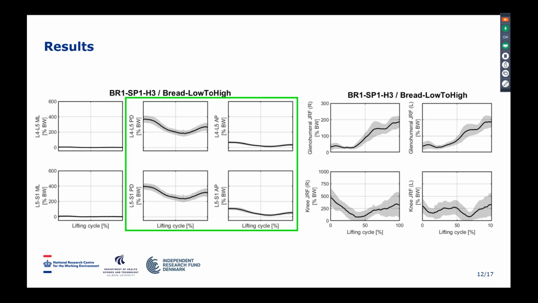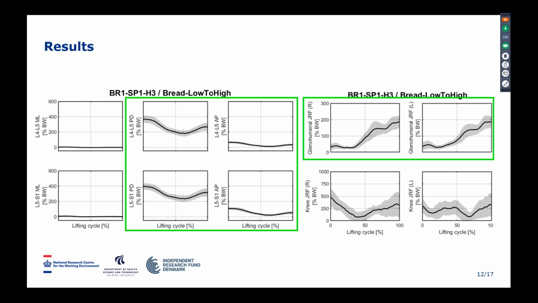And I might add that, for people who have worked with ergonomic science before, these are the two main variables that have traditionally been used to assess the risk of injury during lifting, or injury to the back specifically. So of course, these are among the things we have been the most interested in analyzing.